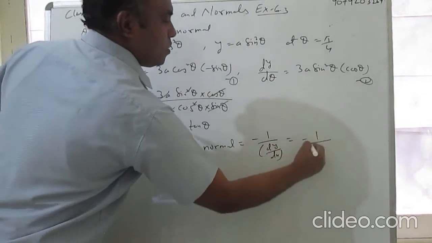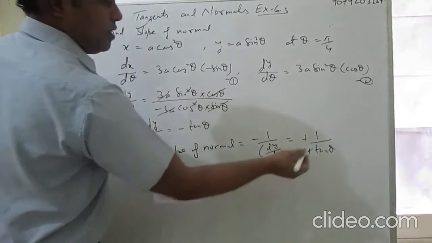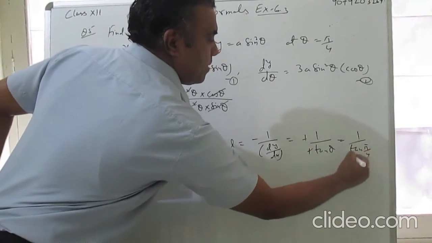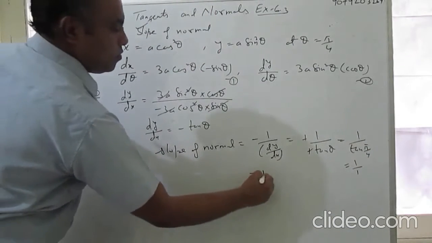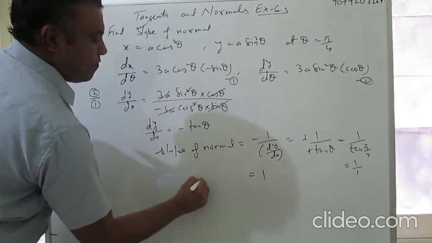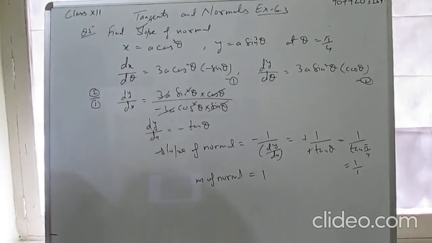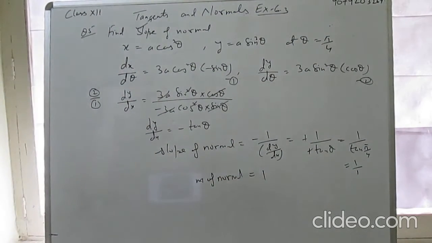So it is minus 1 upon minus tan theta. So the minus cancels out, and 1 upon tan pi by 4, and tan pi by 4 is equal to 1. So slope of normal is equal to 1. M of normal is equal to 1.